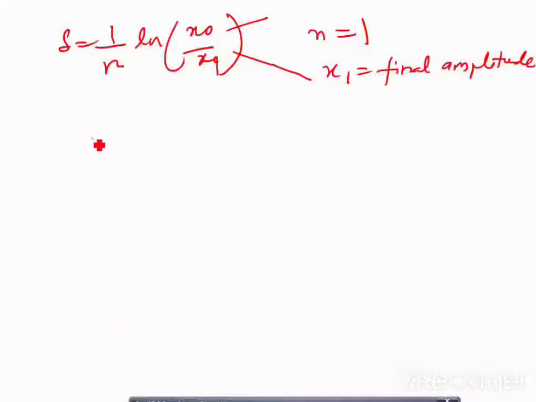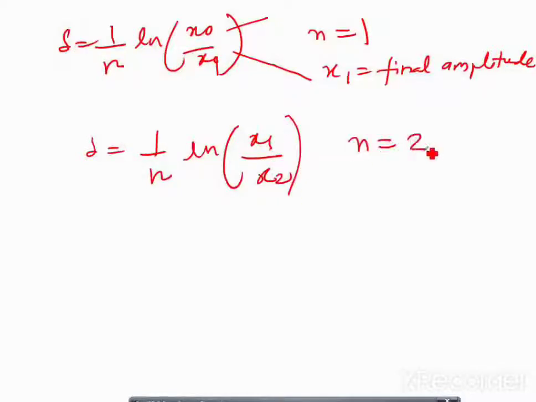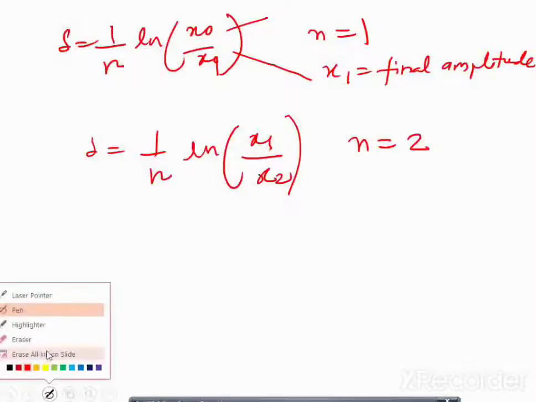You can also write delta equal to 1 upon n ln of x1 upon x2. Here n will be equal to 2, so x1 is the initial amplitude and x2 is the final amplitude. You can take it either way, whatever you want.